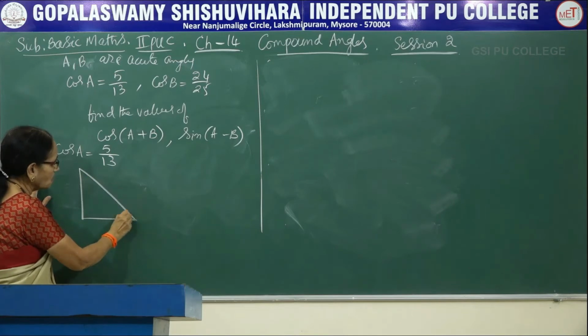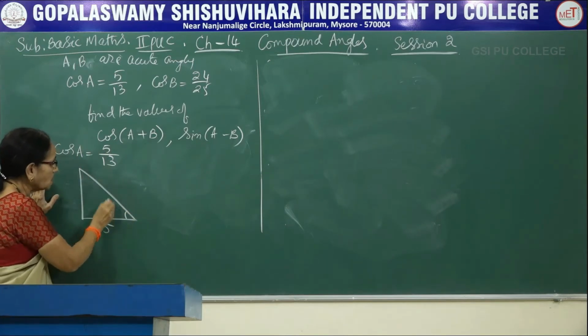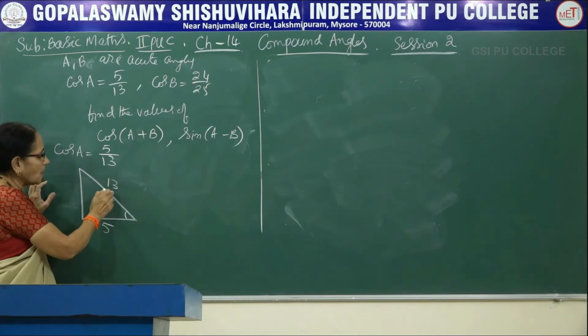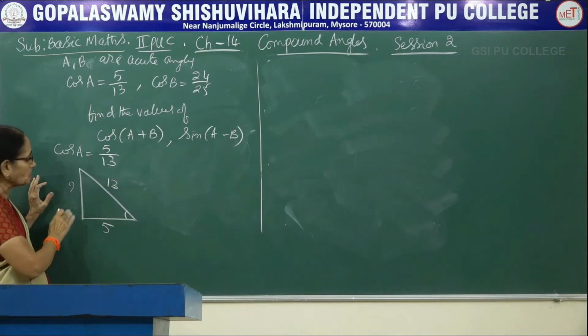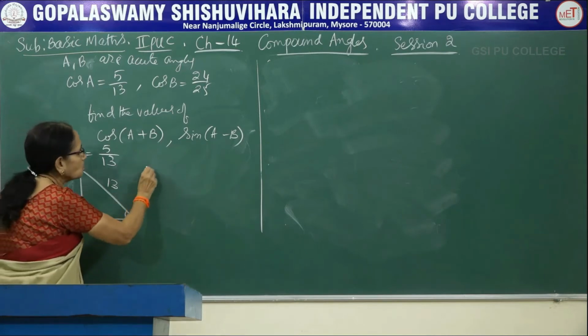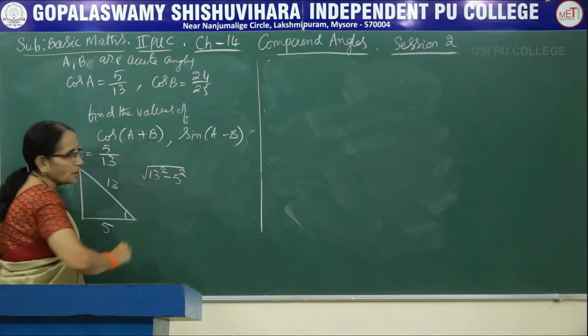Mark the angle sides. Cos means adjacent, and this is the hypotenuse. That is, adjacent is 5, the hypotenuse is 13. So you have to get the opposite side here. Again, using the Pythagoras theorem, this would be equal to root of 13 square minus 5 square.